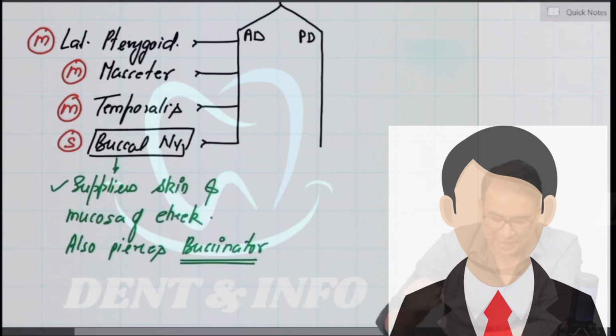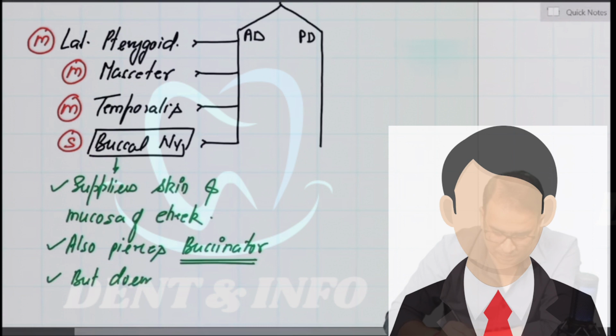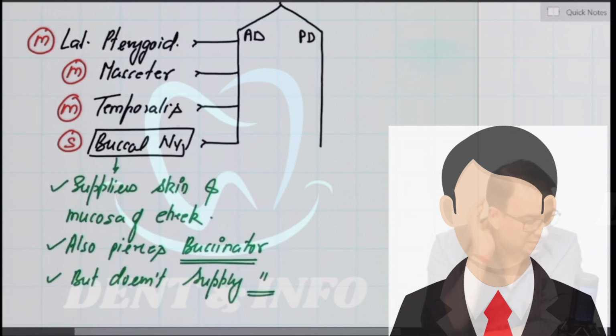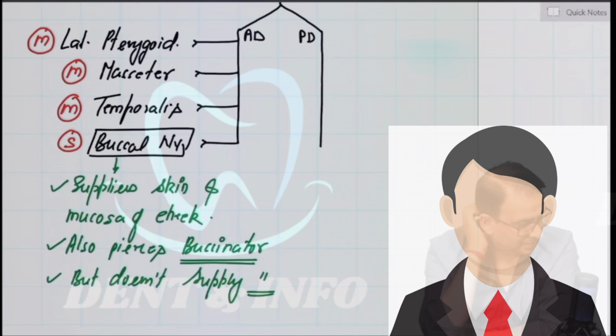It supplies the skin and the mucosa of the cheek. It also pierces the buccinator, the important thing, but doesn't supply the buccinator.